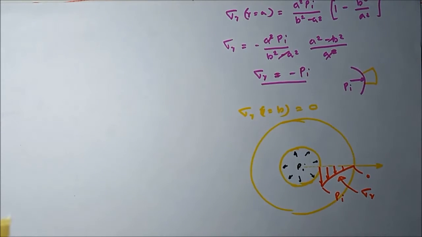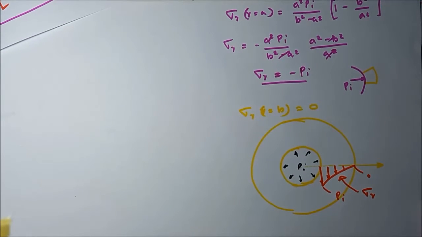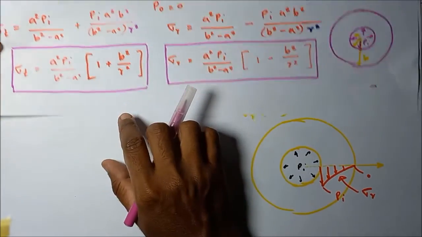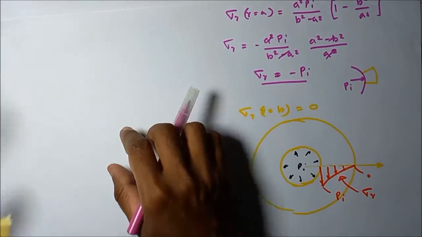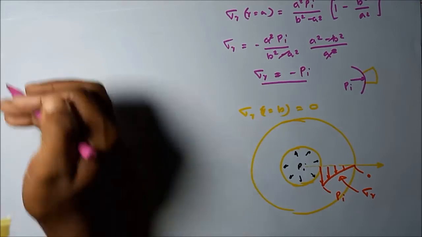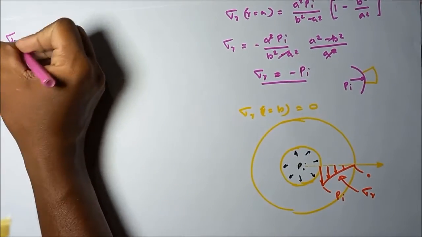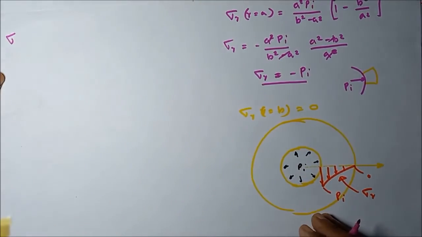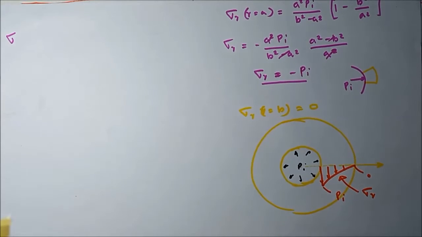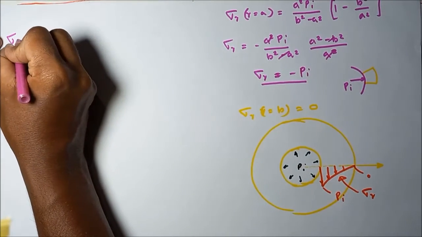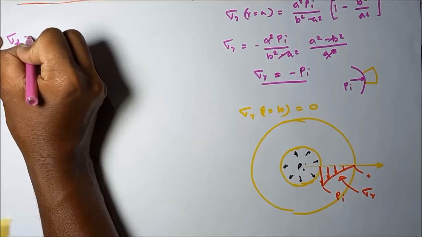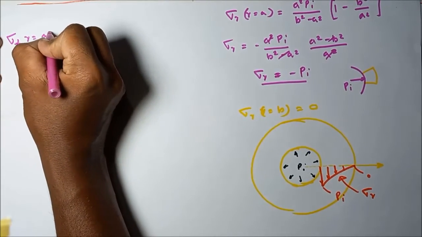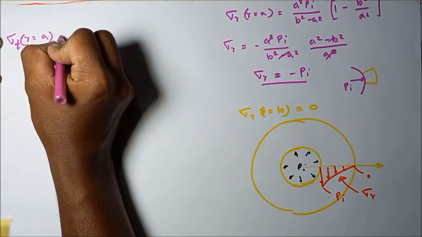Pi. Then let's find the tangential stress. Let's see what happens in tangential stress. This is the equation for tangential stress. What happens to sigma T at R equal to A, at the internal surface?